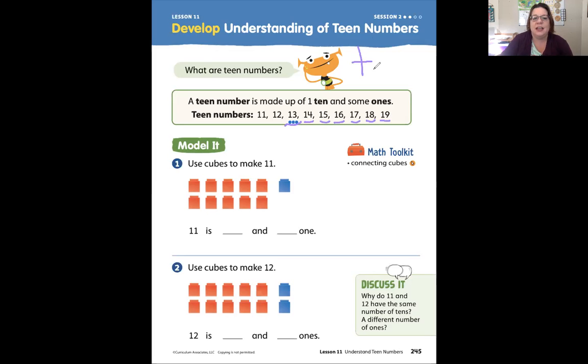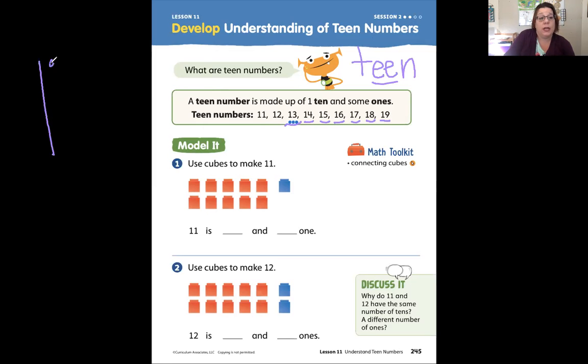Again, teen, teen, right? These are all of our teen numbers. Our teen numbers are made up of one group of 10 and some 1s.